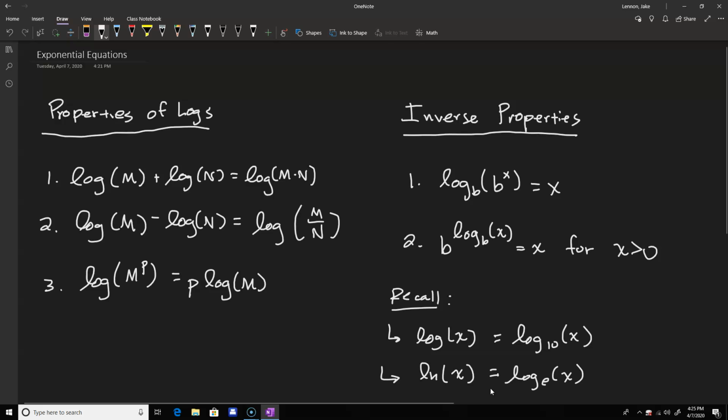Okay, these are the properties that we're going to be making use of to solve the equations. Let's go through a number of equations to see how these apply.